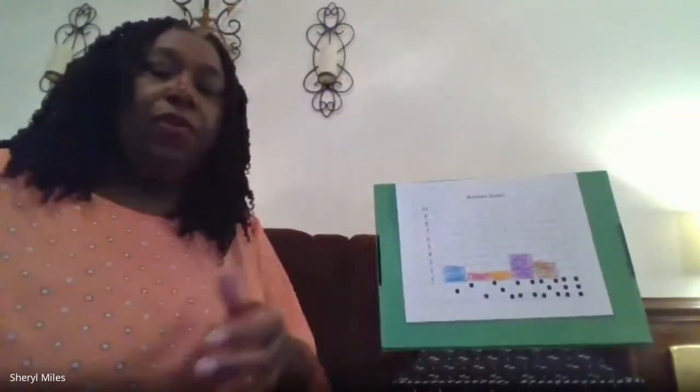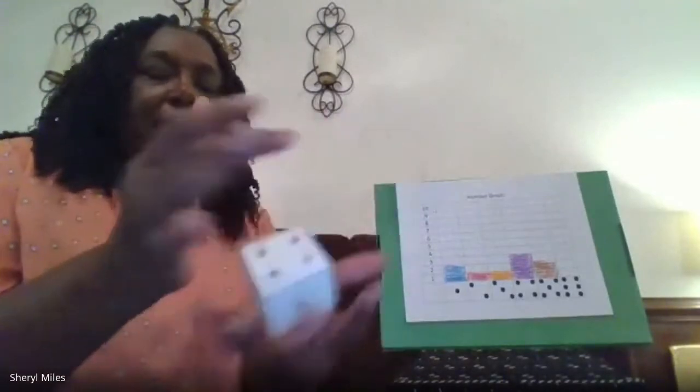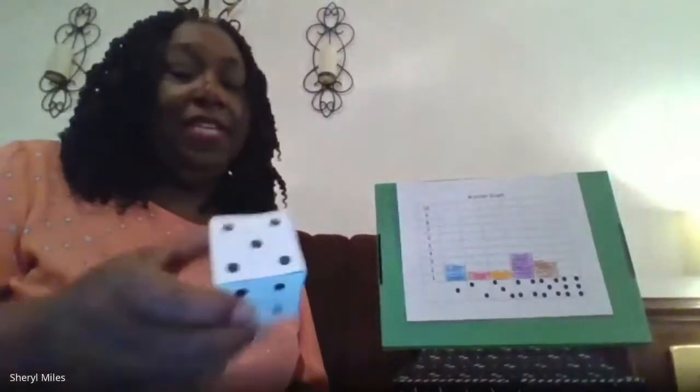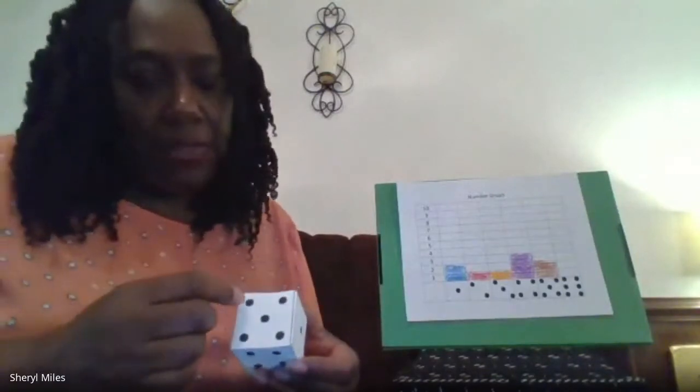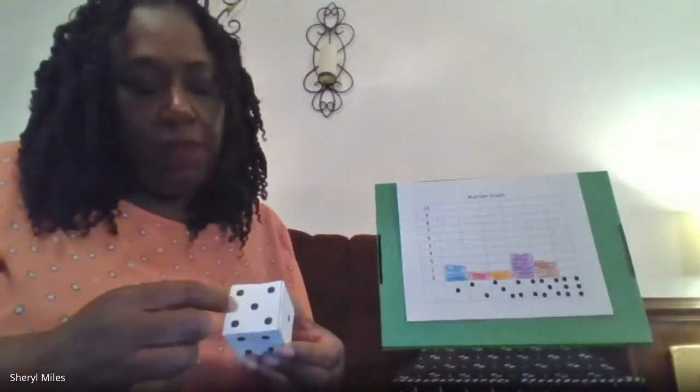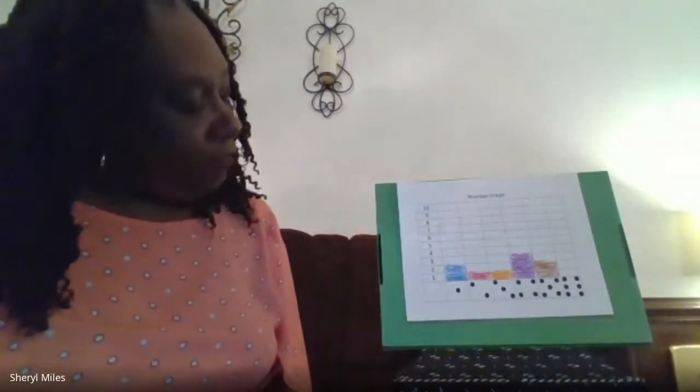Now, the last roll, and I'm going to shake this die up really good, and I'm going to roll it again. And this time, boys and girls, the number 5 came up. Let's count the dots. 1, 2, 3, 4, 5. So the number 5 came up.